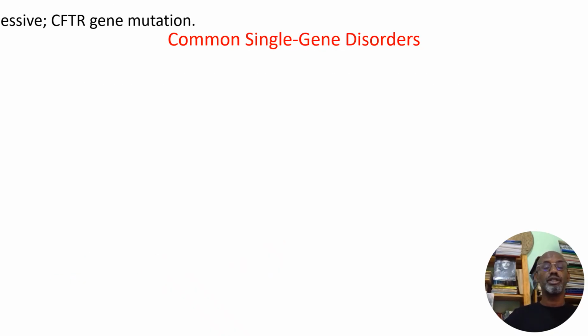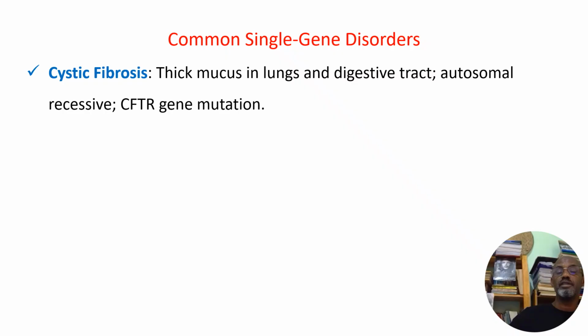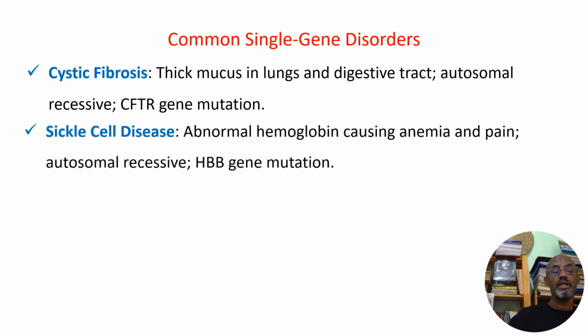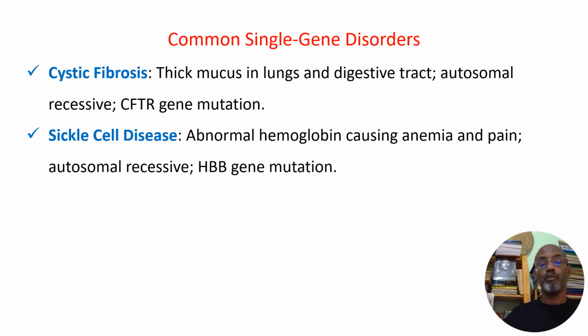Common single gene disorders, you know this, cystic fibrosis, which is because of a nucleotide gene mutation, the gene for the CFTR gene mutation. CFTR is a membrane transporter, a chloride ion transporter, especially important in the respiratory system. And also sickle cell disease, you know it, hemoglobin.